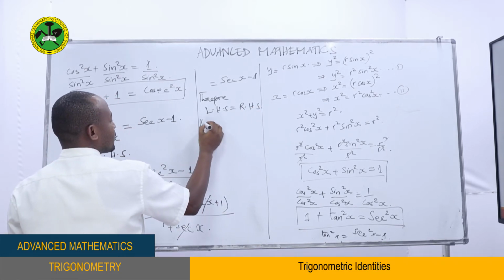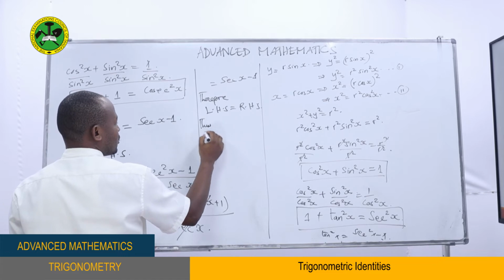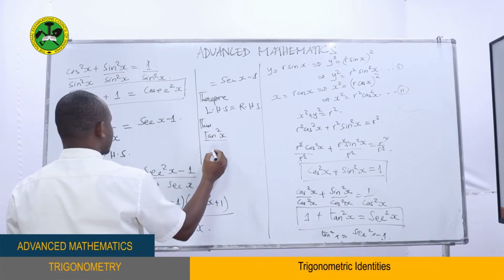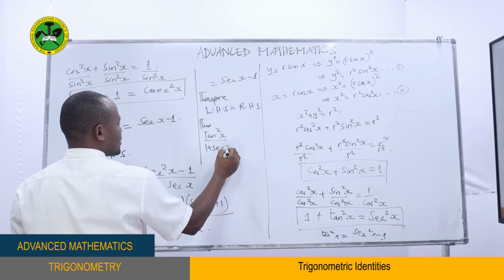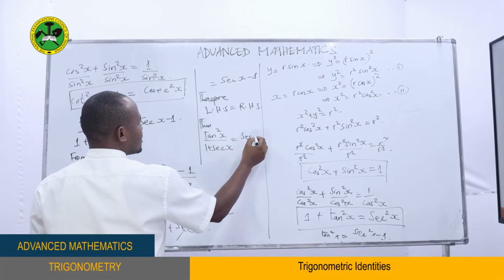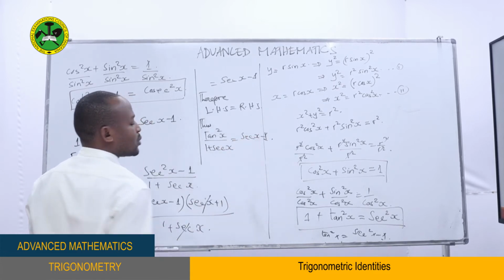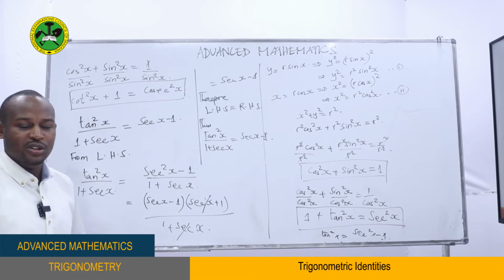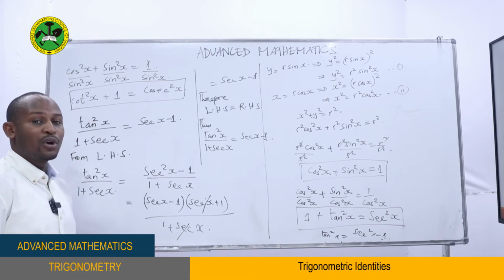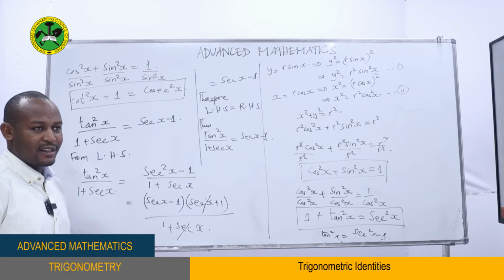Thus tan square of x times (1 plus sec x) is equal to sec x minus 1. That is our conclusion, my dear student. I do hope you follow as I'm trying to explain this.